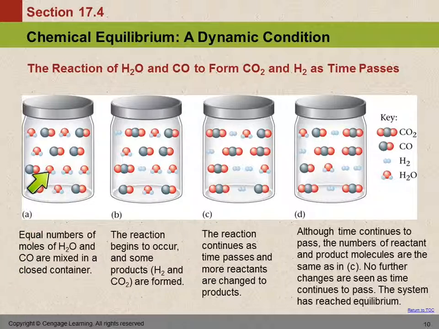So 1, 2, 3, 4, 5, 6, 7. 1, 2, 3, 4. So we've got 7 of each. The reaction begins to occur. And so here's a molecule of CO2, here's a molecule of hydrogen. So the reaction is beginning to occur. We really need to write this out here.